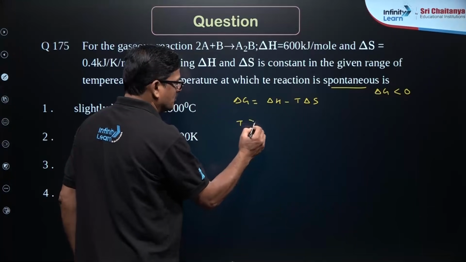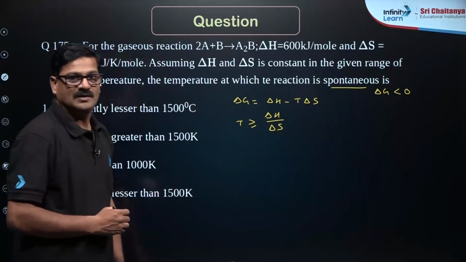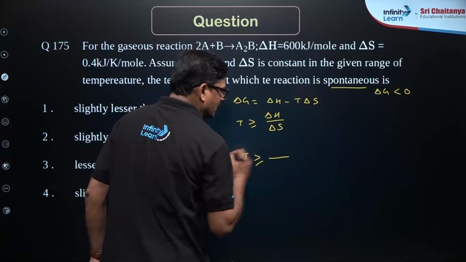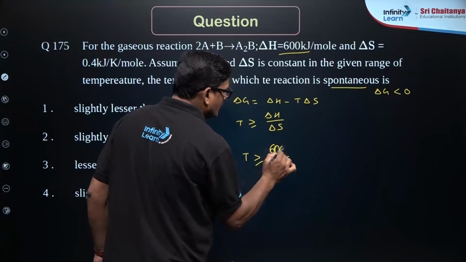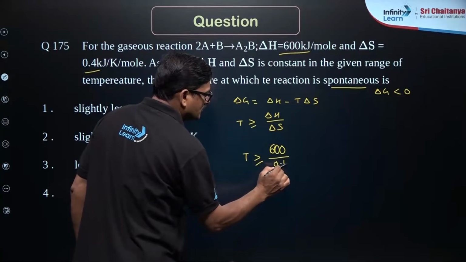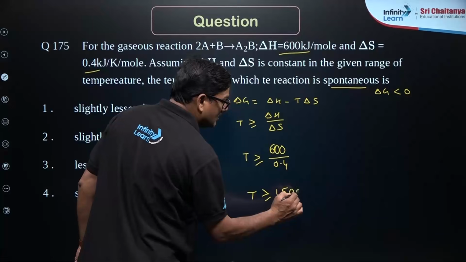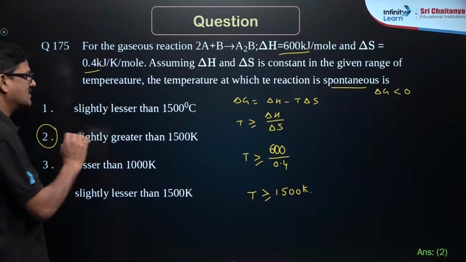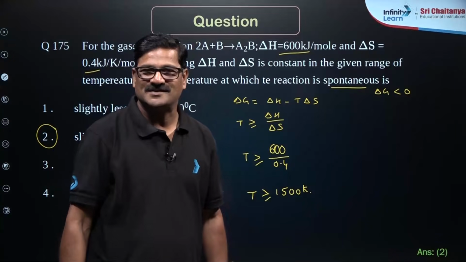So that T is supposed to be greater than or equal to delta H by delta S. Delta H is given as 600 kilojoules and delta S is given as 0.4. On doing so, temperature should be equal to or greater than 1500 Kelvin. So the answer for this question is going to be slightly greater than 1500 Kelvin. Option 2 is the correct answer for this question.